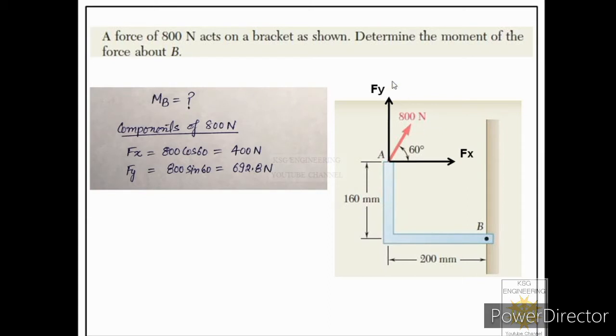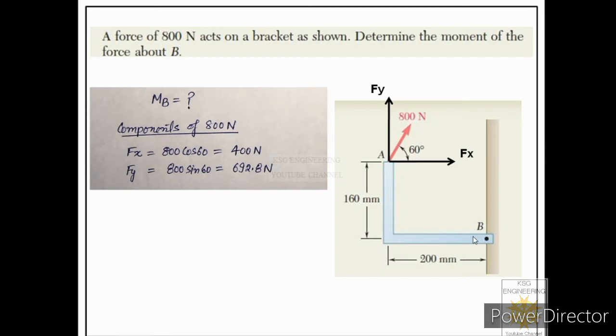Similarly, let us see the moment because of this component, that is Fy, about point B. So let us first find its moment arm. In order to find its moment arm, we will sketch its line of action first, which is a vertical line. Then from the moment center, we will drop a perpendicular onto that line of action. So that is called moment arm.